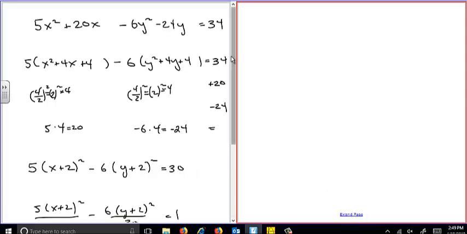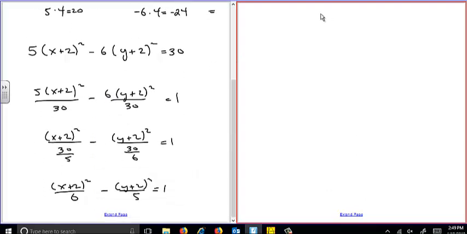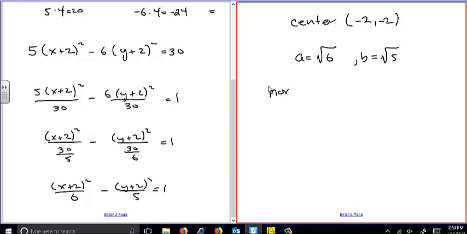So from that, we can find a and b and h and k. So the center is negative 2 comma negative 2. A is equal to the square root of 6 and b is equal to the square root of 5. This is a horizontal transverse axis because x squared is positive to get a positive 1 on the right hand side.